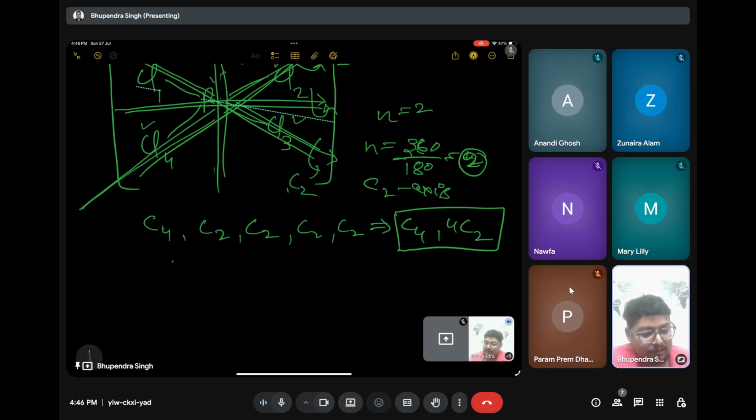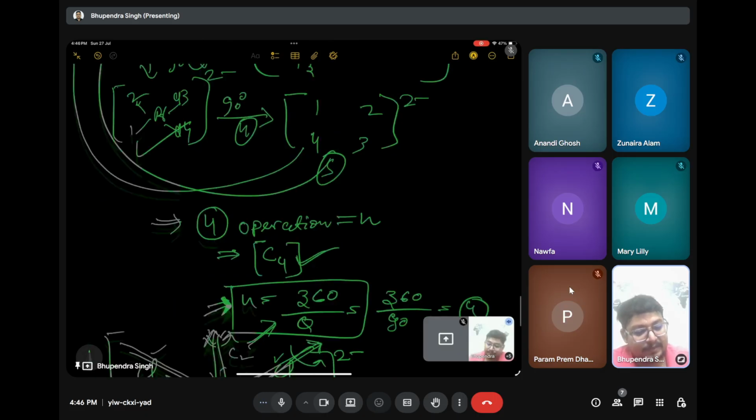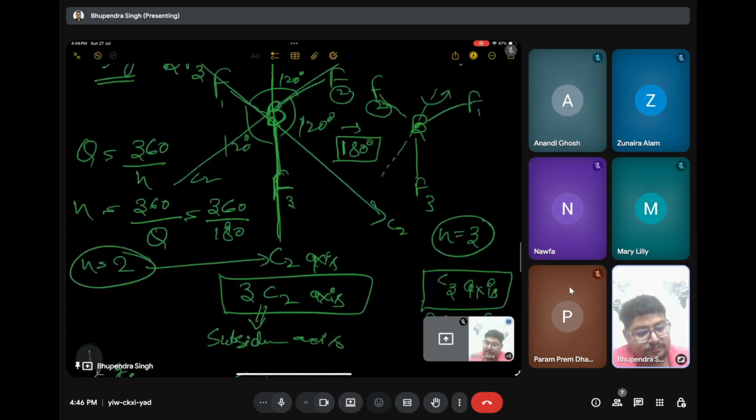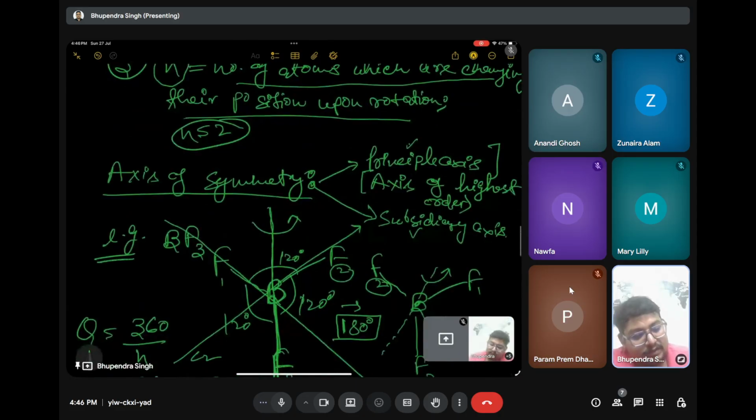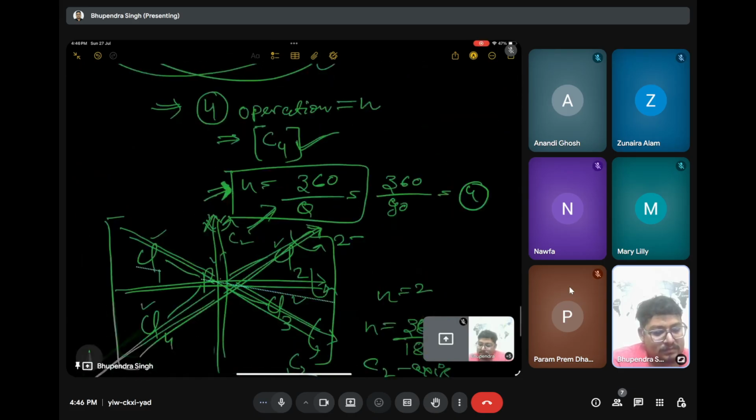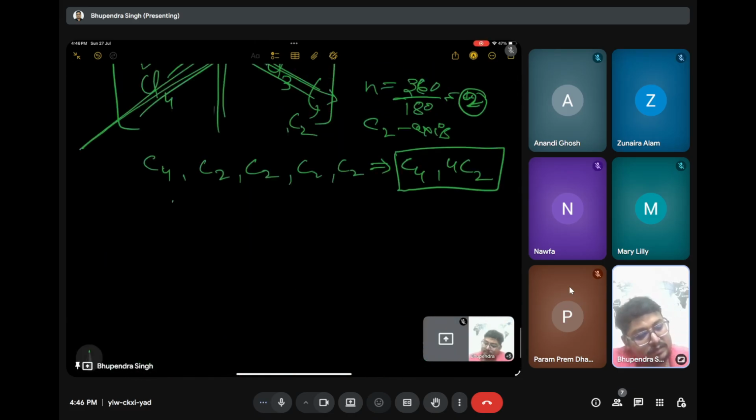I think till now it is okay. You have understood. So as per our definition of principal axis and subsidiary axis, this will be our principal axis for this molecule.